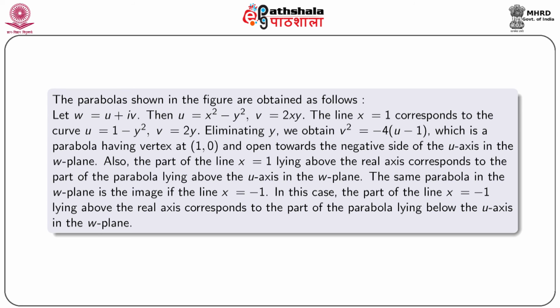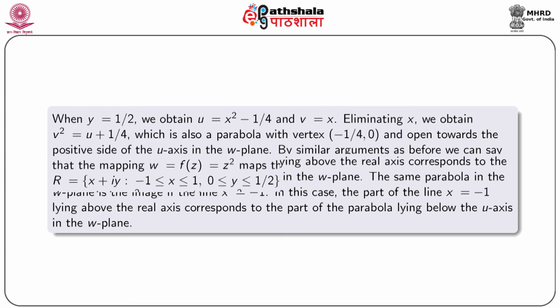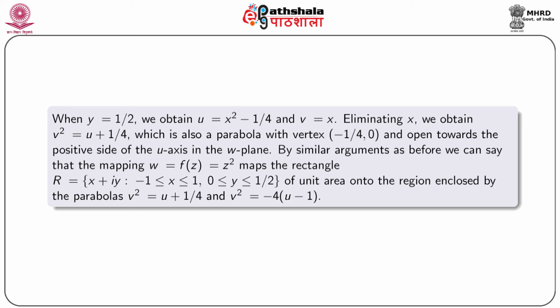The same parabola in the w plane is the image of the line x equal to minus 1. In this case, the part of the line x equal to minus 1 lying above the real axis corresponds to the part of the parabola lying below the u-axis in the w plane. When y equal to half, we obtain u equal to x square minus 1 by 4 and v equal to x.